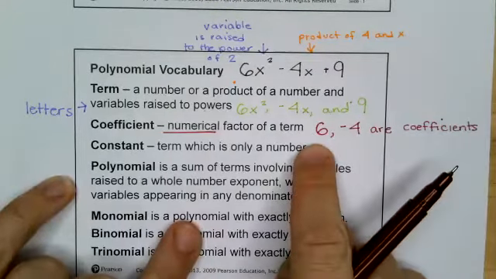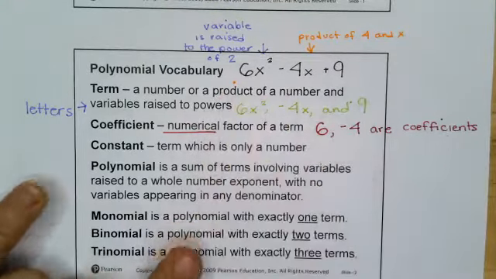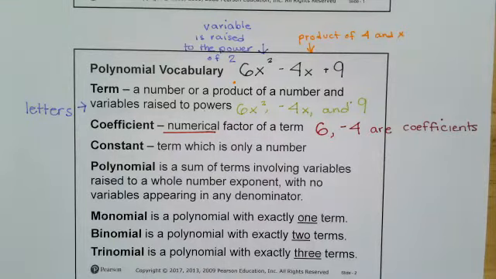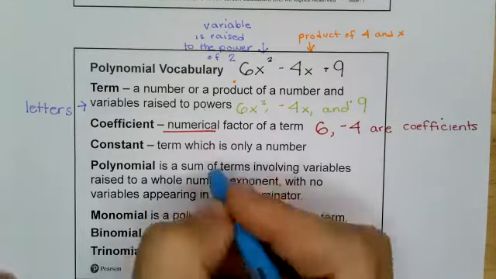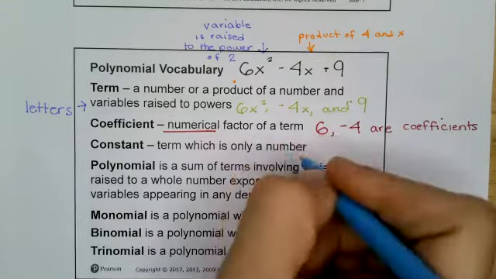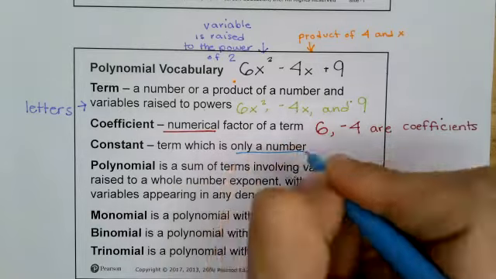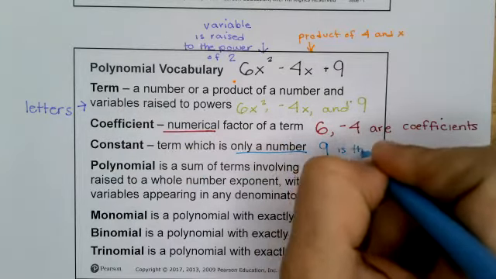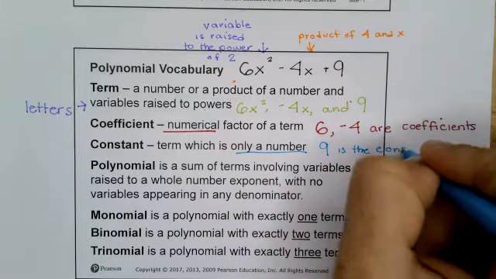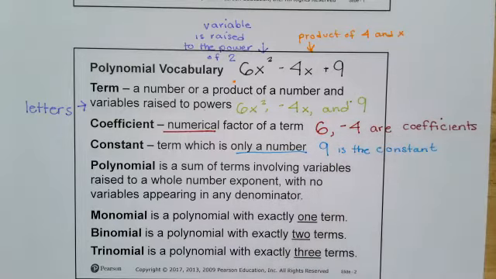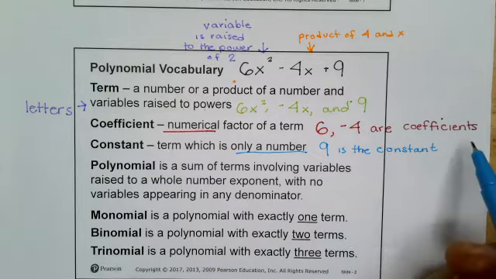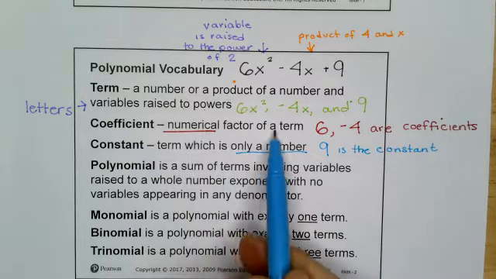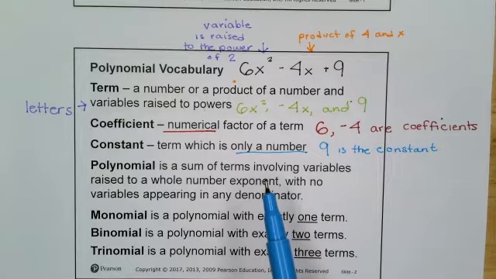The constant is the term that has no variables. If it's only a number, it's called the constant. So 9 is the constant. Six and negative 4 are coefficients. The difference is they have variables. The numerical factor of a term that also includes variables. If it has no variables, you call it a constant.